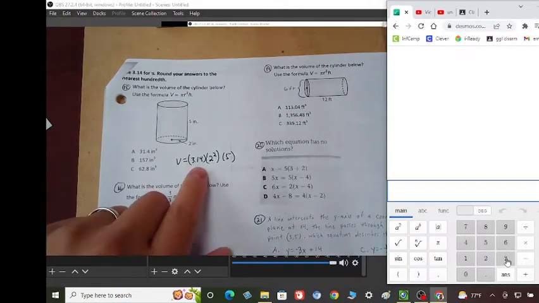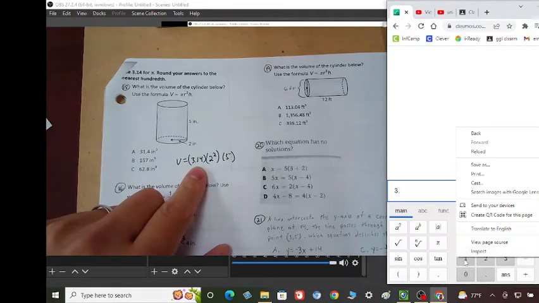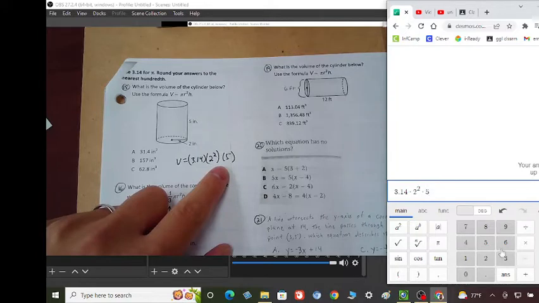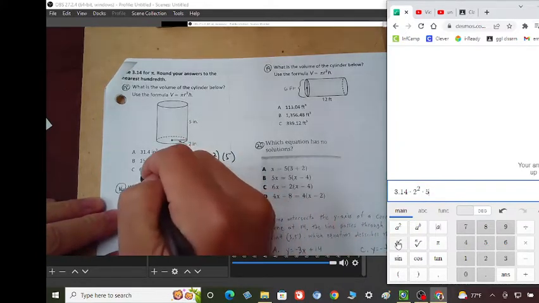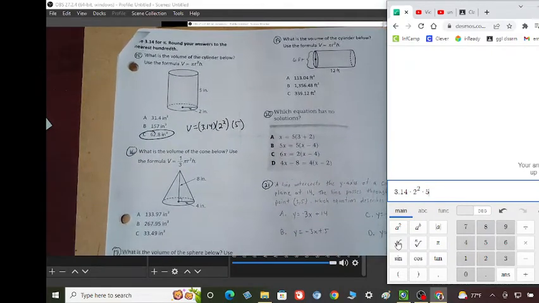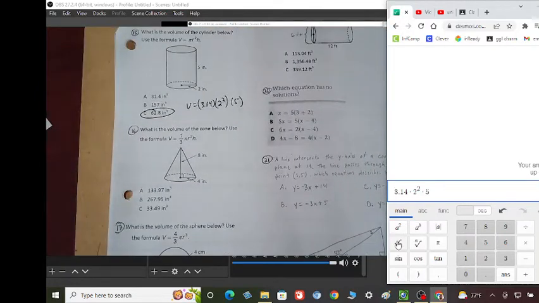So 3.14 times 2 squared, and then times 5, and it gives us 62.8. Okay, and there it is, 62.8.